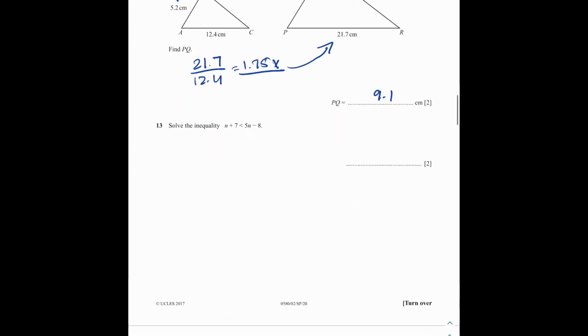Solve the inequality. Again, not a bad question. So n minus 5n, and the sign will flip. So greater than minus 8 minus 7. n minus 5n is minus 4n, which is greater than negative 15.